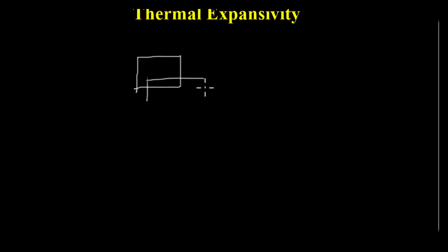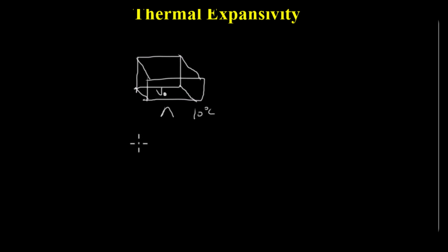So let's say we have a box like this, and we want to apply heat to this box and see how it changes. Originally this box has an initial volume of V naught at, let's say, 10 degrees Celsius. By the time I apply heat to it, the box will expand.